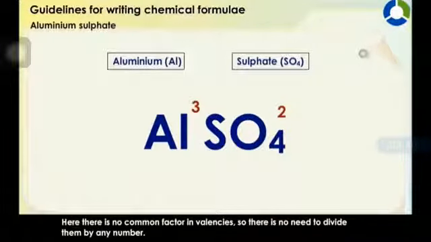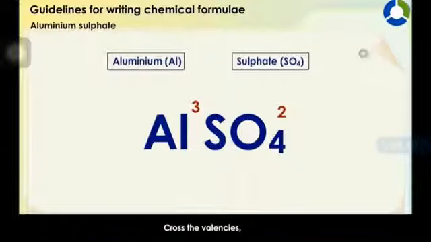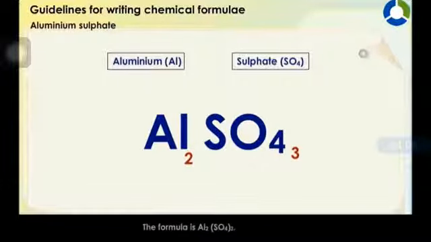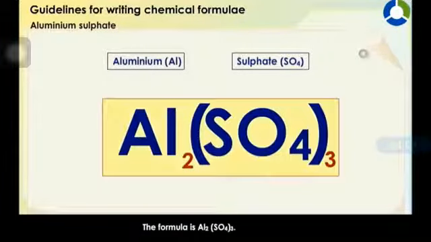Here, there is no common factor in valencies, so there is no need to divide them by any number. Cross the valencies. Al valency 3, SO4 valency 2 is crossed as Al valency 2, SO4 valency 3. That is Al2(SO4)3. The formula is Al2(SO4)3.